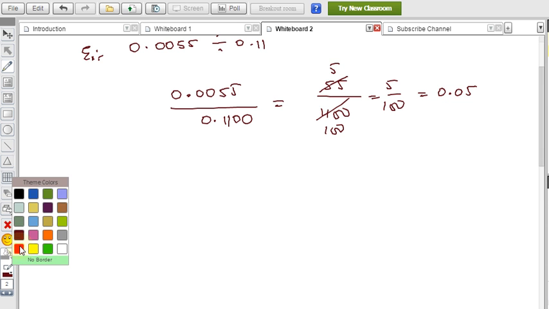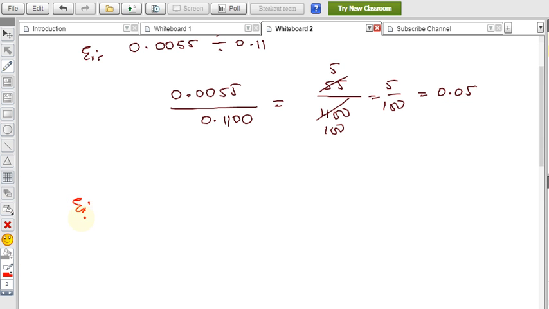Let us take one more example: 0.72 divided by 0.00018. What is the value? After the point, the denominator has 5 digits, and here the number of digits is 2, so we need to make 3 extra.